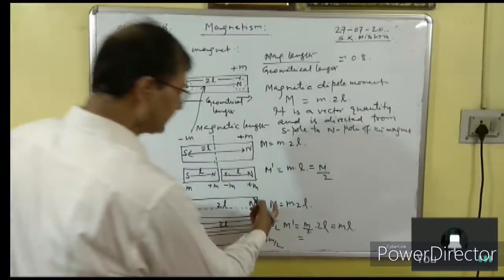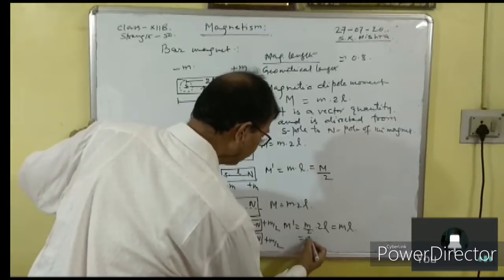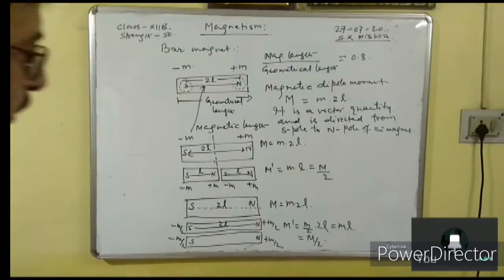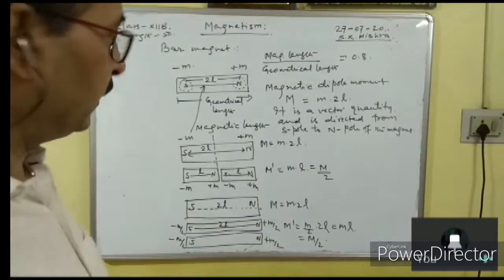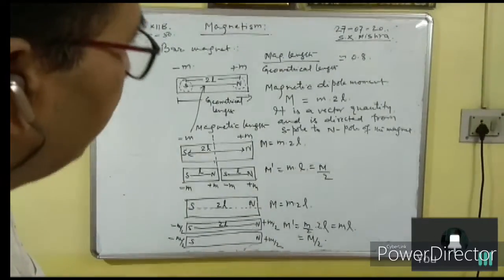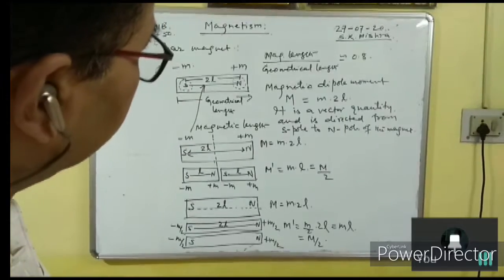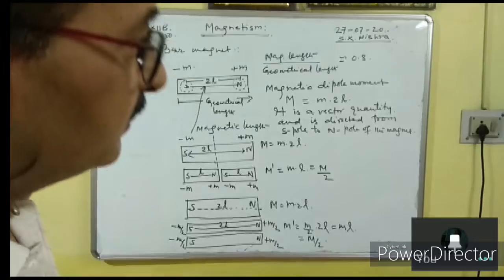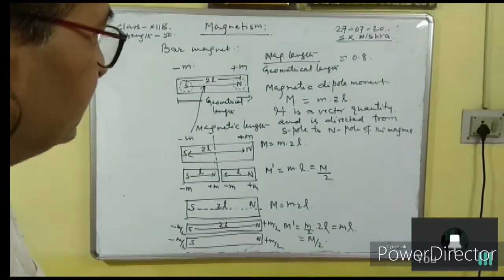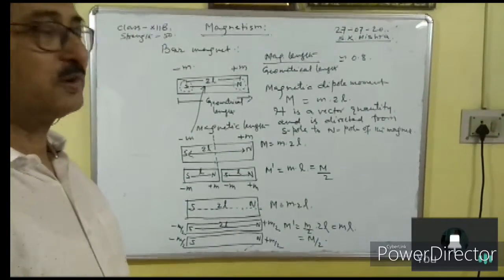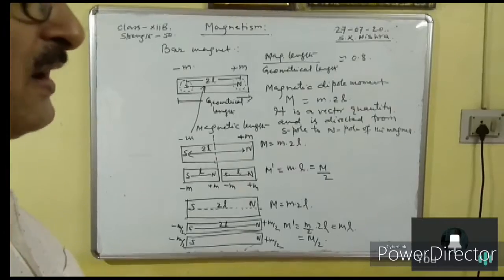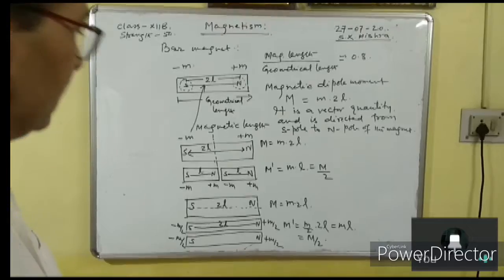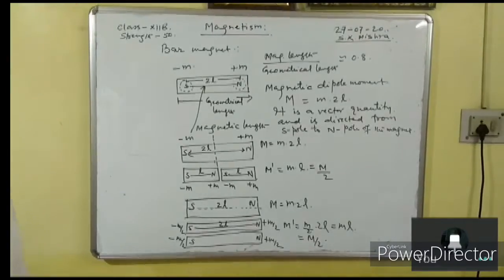But the pole strength, that is m, becomes half because you are dividing this region into two equal halves. So this pole strength becomes plus m by 2, this is minus m by 2, again this is plus m by 2, and this is minus m by 2. But the magnetic length will remain the same, 2L only.